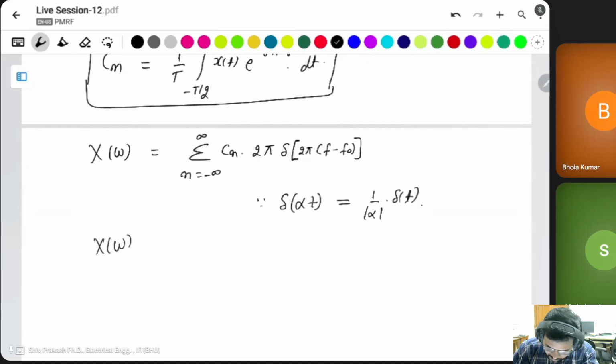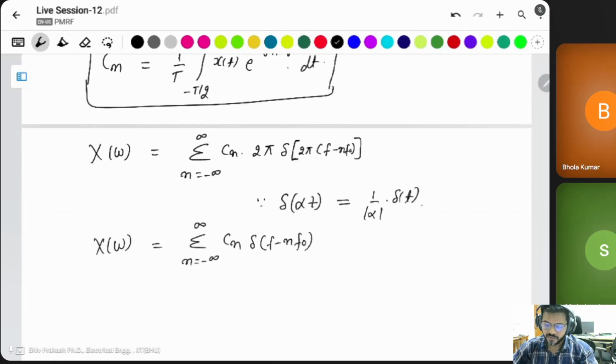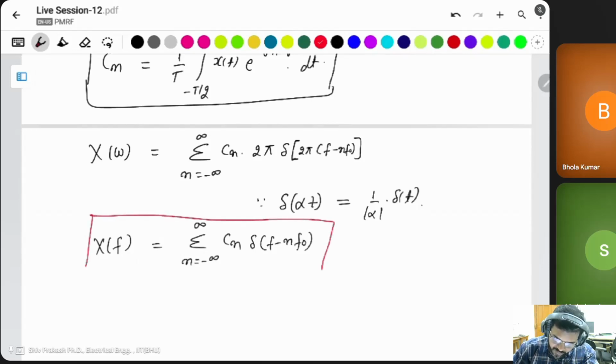That's why X(omega) will be the summation of n equals minus infinity to plus infinity of Cn into delta of f minus n f naught, because n omega naught t is there. This is the Fourier transform in the frequency domain.